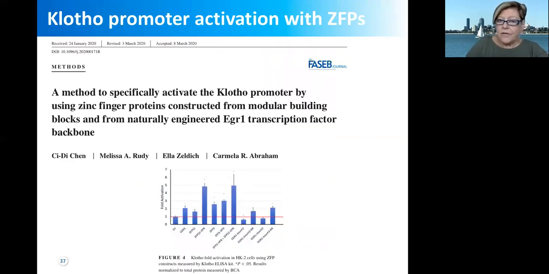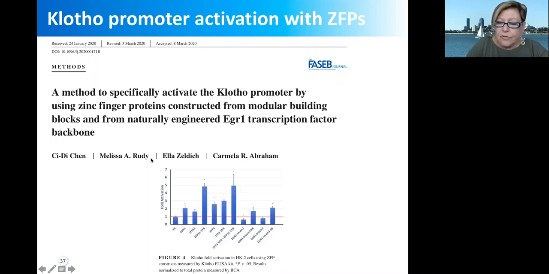Another way to increase Klotho is to activate the promoter with zinc finger proteins, and this was just published in January of this year in FASEB, where we found several zinc finger proteins that can activate Klotho expression. And here is an example, the paper is out.